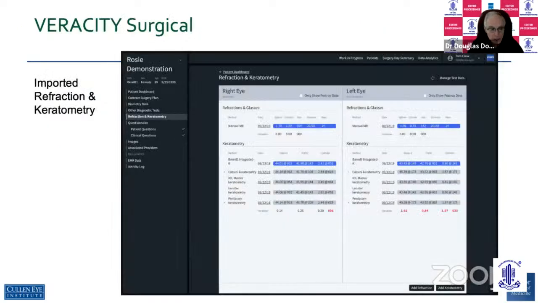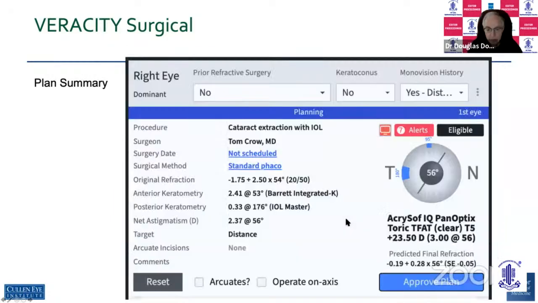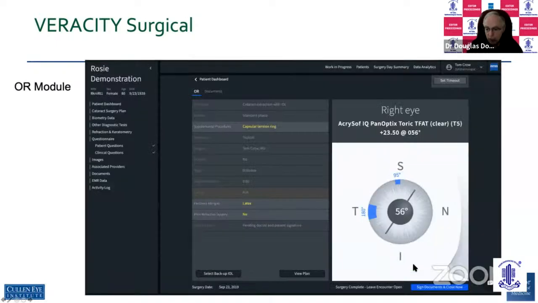This is just an example of this one program, Veracity from Carl Zeiss, where it imports all the refractive data, look at all the K readings that are incorporated here. You can then have a surgical plan that you can take to the operating room, and you can just post this on your screen so you know exactly what lens you're putting in for a given patient.